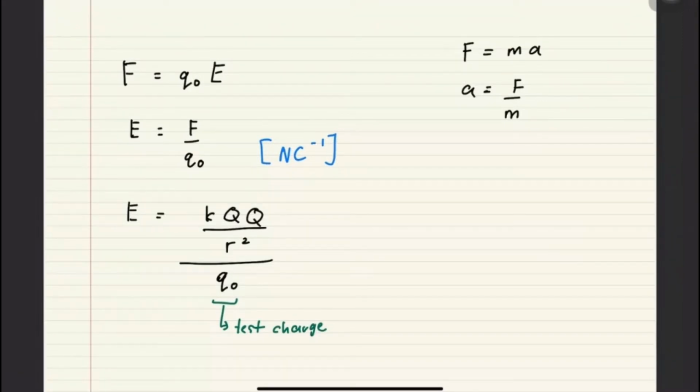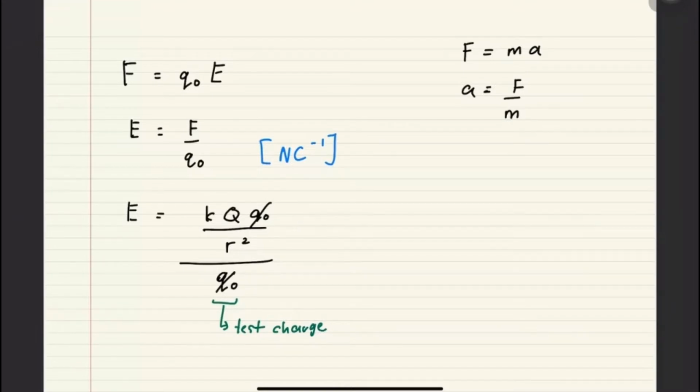Melainkan diberitahu lah. So test charge ni dia macam charge yang olok-olok. Dia just letak untuk berandaikan something. Mungkin kamu tak nampak sangat kot, tapi dia just olok-olok lah. So that means salah satu daripada sini, yang tadi F tu kan, daripada test charge itself. So you can cancel out this one.